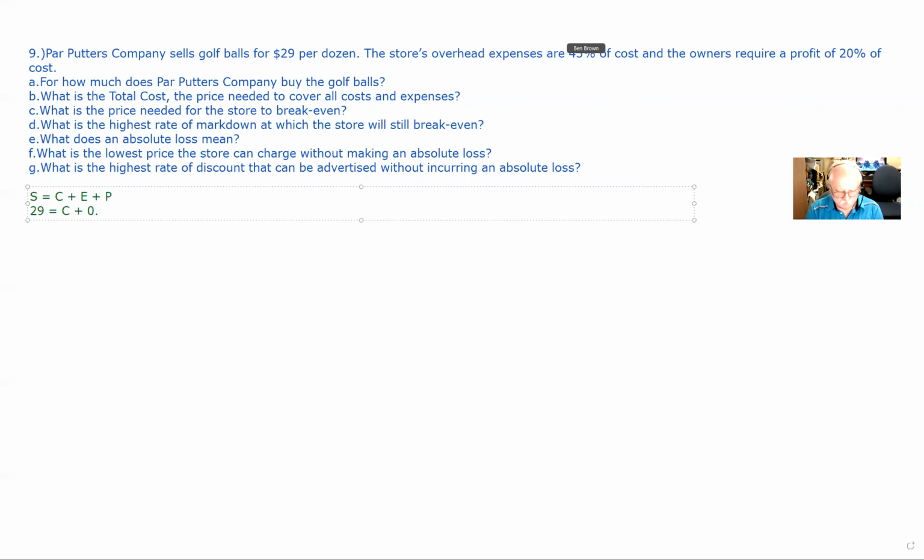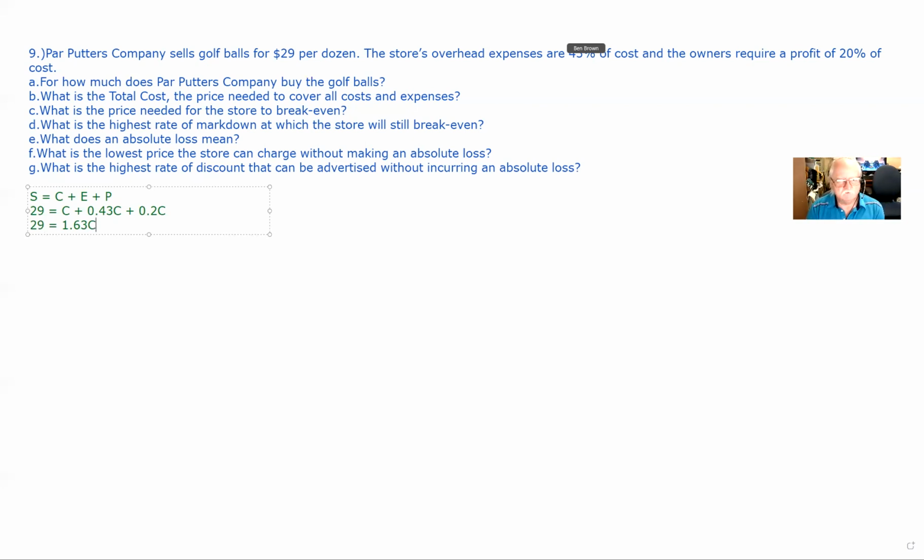So 0.43 cost. And we know the profit is 20% of cost, so 0.2 cost. And we can add these three together, remembering there's an invisible 1 there, and we get 29 equals 1.63 times cost.